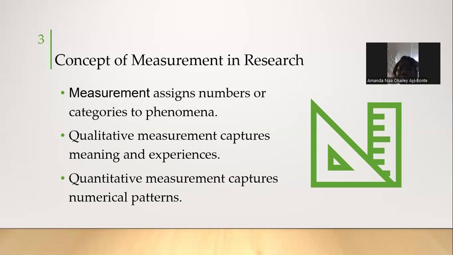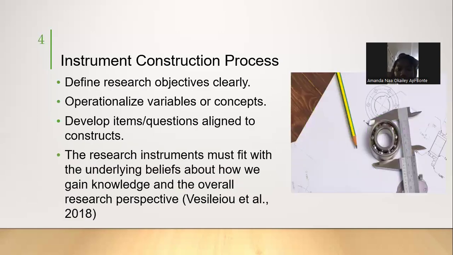On the other hand, quantitative measurement captures the numerical part. Just as the seamstress does, what is the length from your knee to your feet, and then you measure, it's 1 point something, and then write it. So the same thing with quantitative, we are looking at numerical patterns, and so that is easier to collect. All right, let's move on to the next one, please.